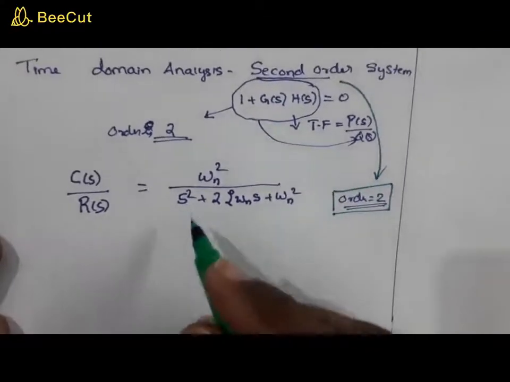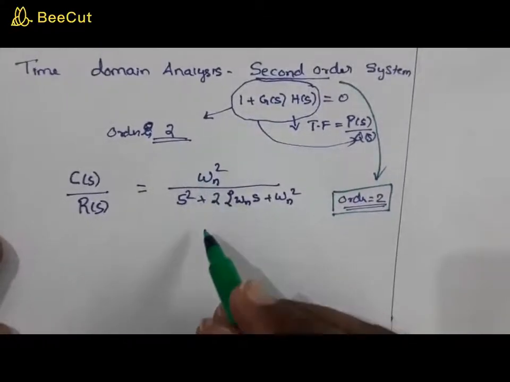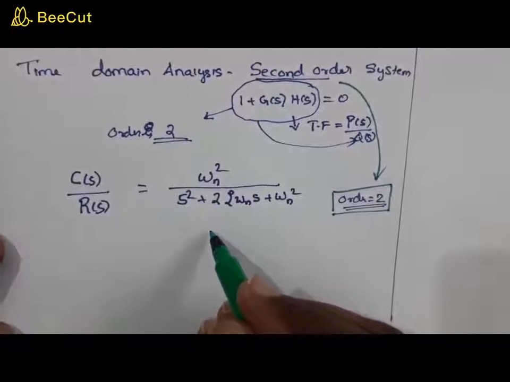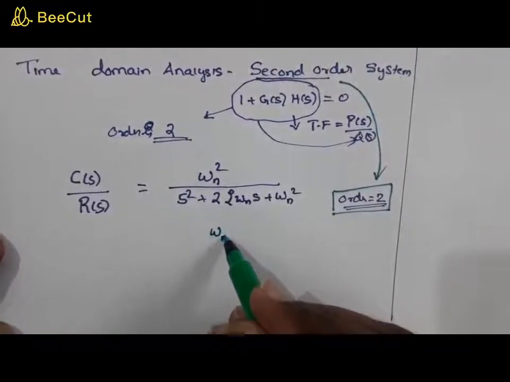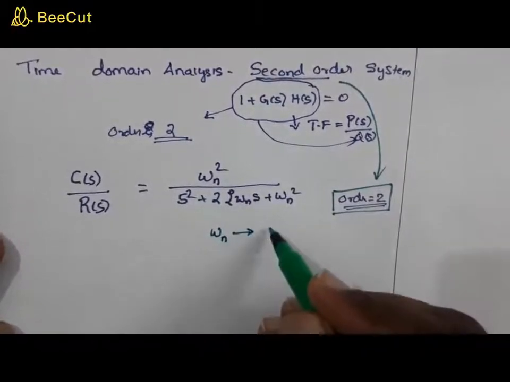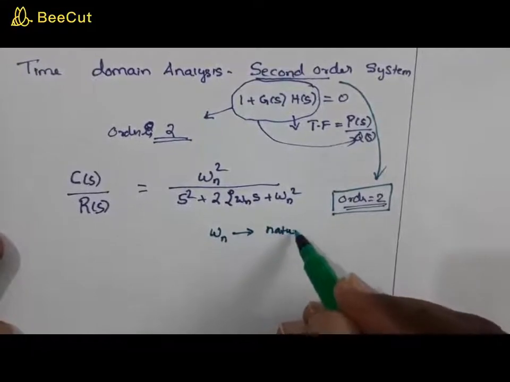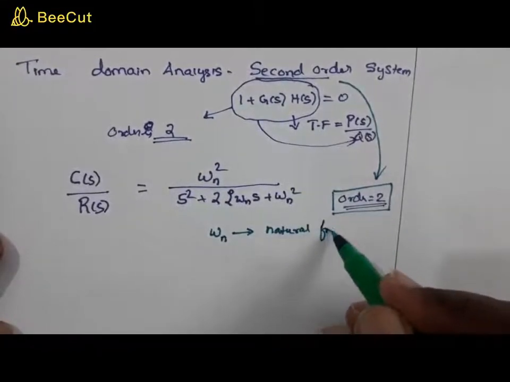Now let me define these terms, and I will explain them later. Here omega n is called the natural frequency of oscillation of the system.